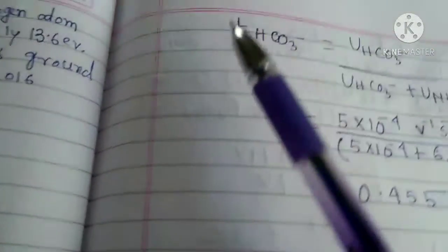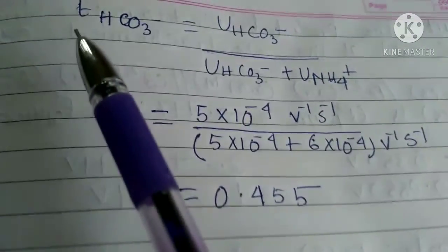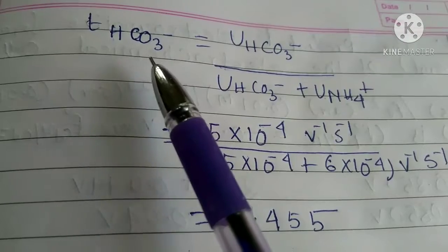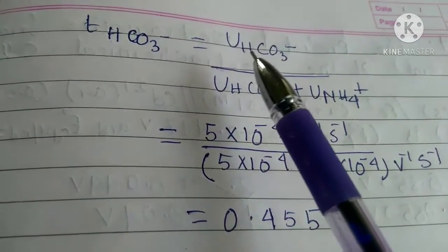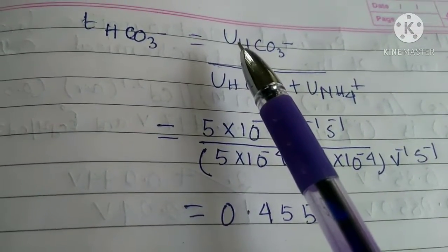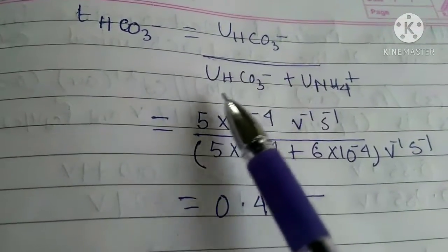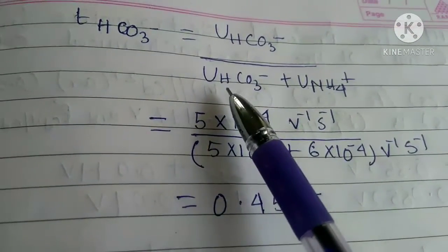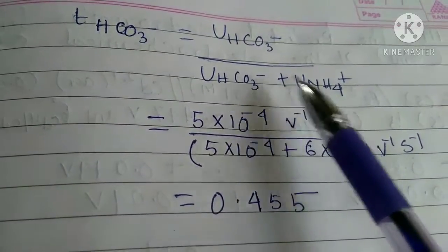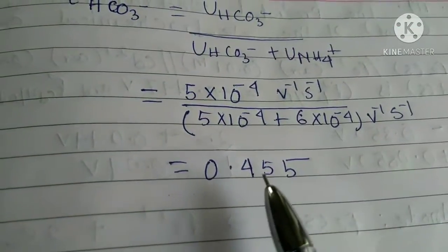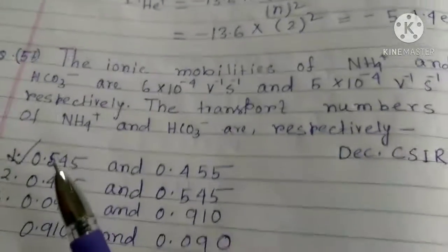Now if we calculate t(SO3-), the transport number of the anion, that will be the ionic mobility of SO3- upon the summation of both the ionic mobilities of cation and anion, and we put in the values, we get 0.455. So here option number 1 is the correct option.